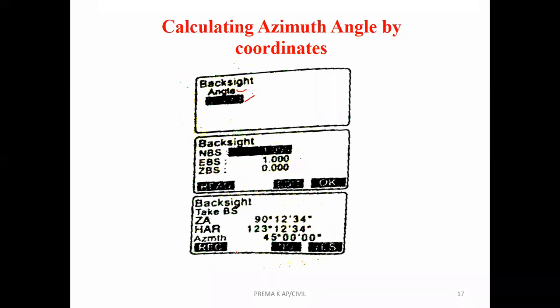So if you prefer angle, it will be like this. There will be an option to record while inputting angle. When you use coordinate, there will be an option to read. If you press read, then you can read the data that have been recorded.